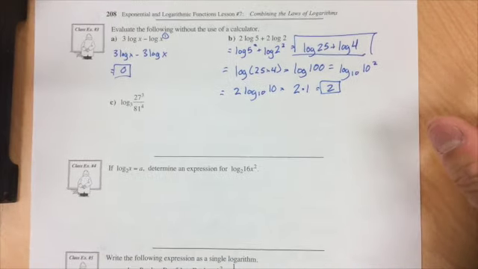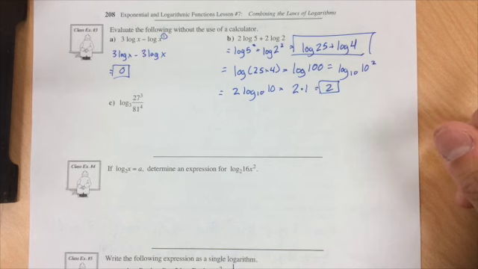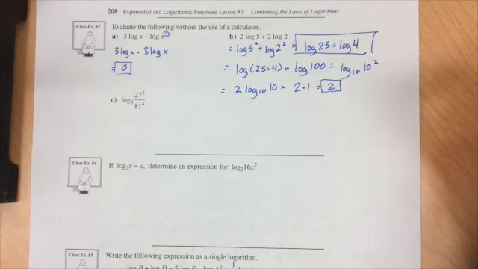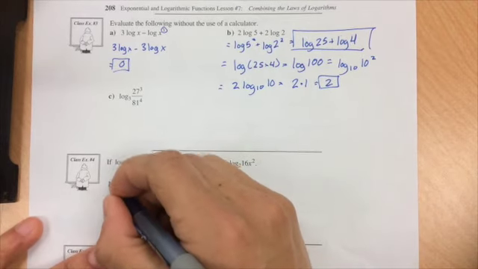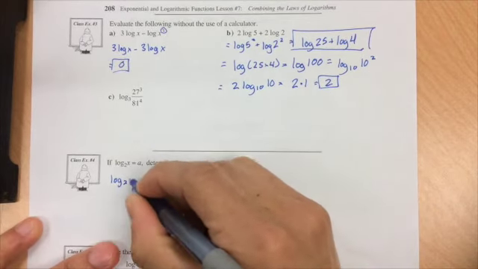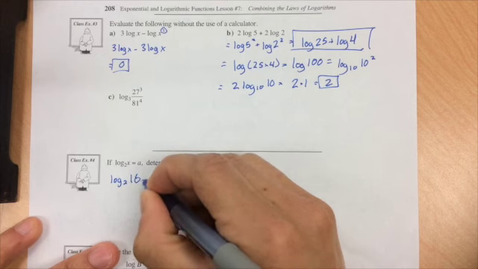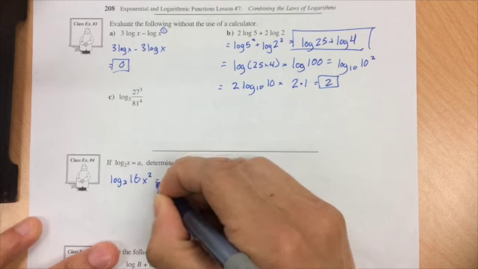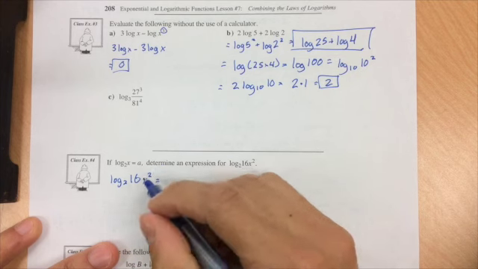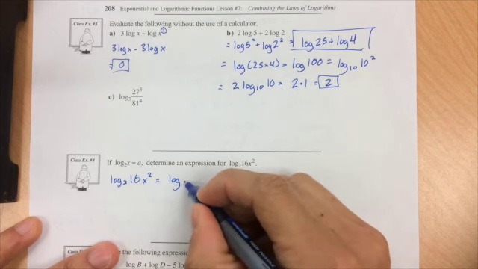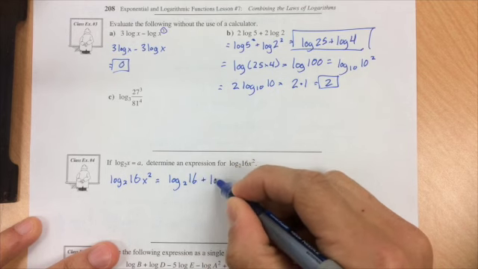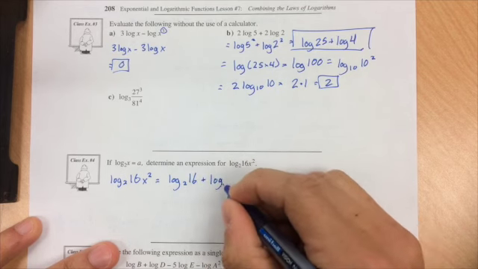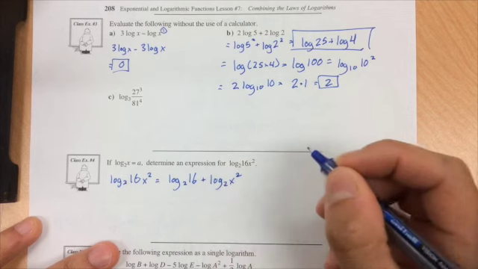Now, if log 2 of x is equal to a, determine an expression for log 2 of 16x squared. All right. Log 2 of 16x squared. We can express this as log 2 of 16 plus log 2 of x squared.